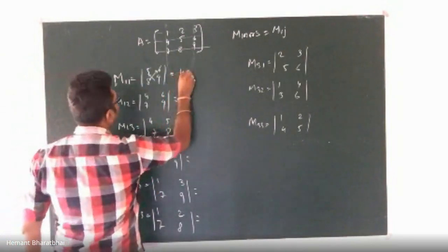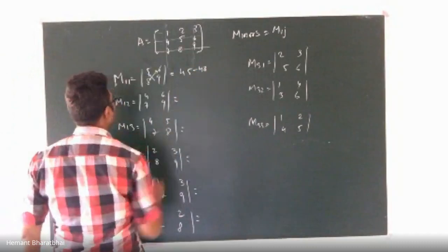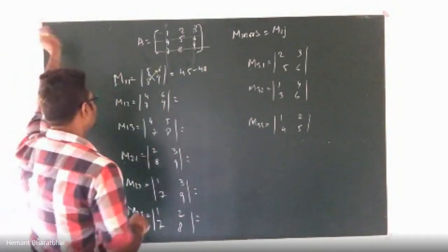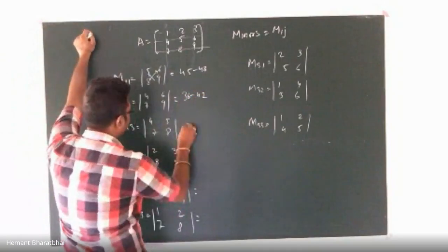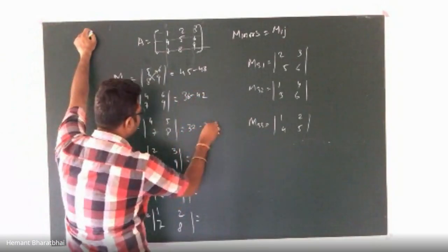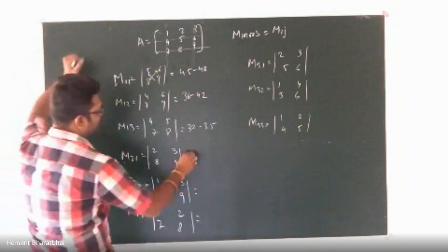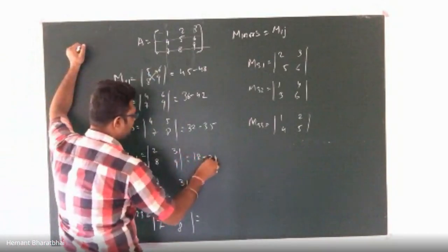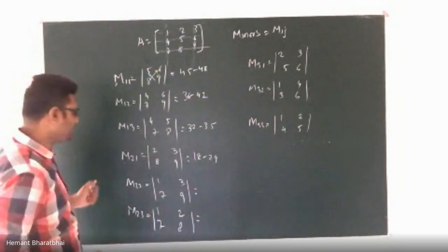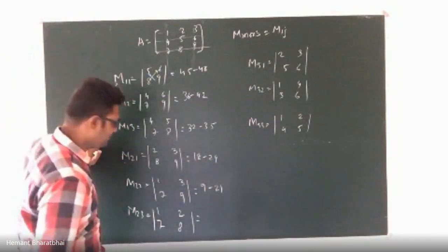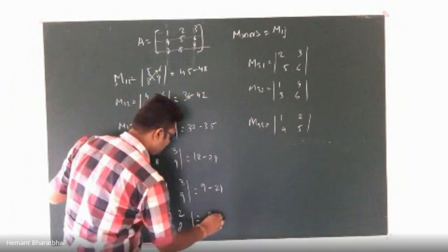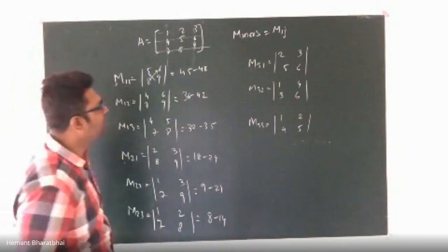9 into 5, 45 minus 48. Here, 36 minus 42. Here, 32 minus 35. Here, 18 minus 24. In this case, 9 minus 21. In this case, 8 minus 14.